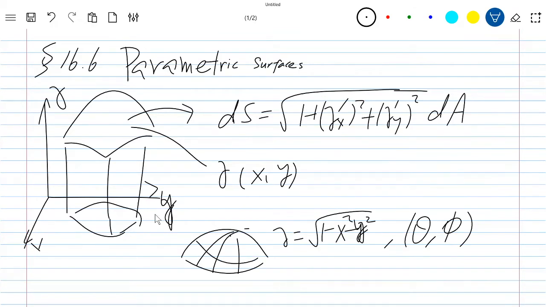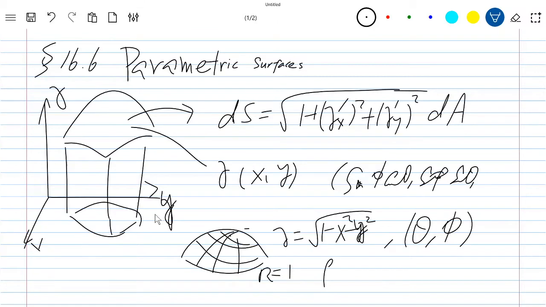Then you can write the points on this sphere, with rho equal to 1, the radius equal to 1, as sine phi cosine theta, sine phi sine theta, and cosine phi for x, y, z. So we can use theta and phi to parameterize a spherical surface instead of x, y, and z.